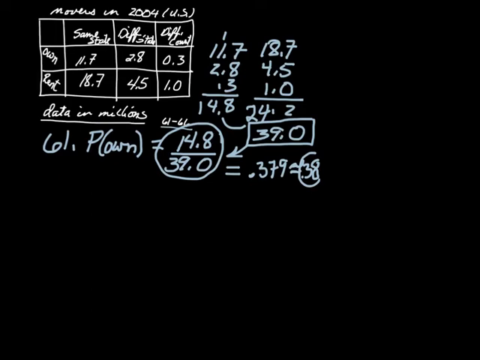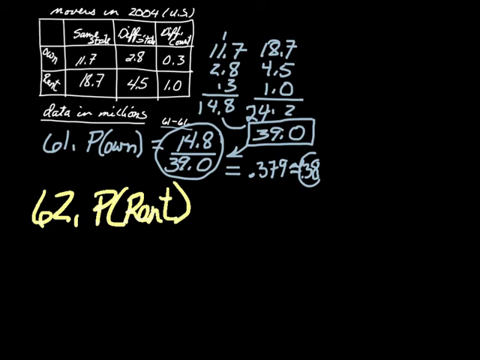So I've shrunk and moved that problem again, and what I want you to do now is do problem 62, which is, what's the probability of being a renter? Did you pause and try and do this? If not, pause now and do the problem.